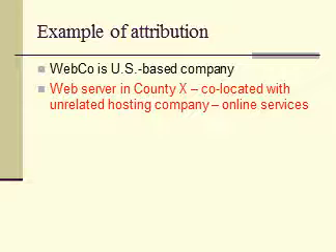In order to gain better access to the market in country X, a country with which the United States has an income tax treaty, Webco leases a web server in that country and co-locates it with a country X hosting company.